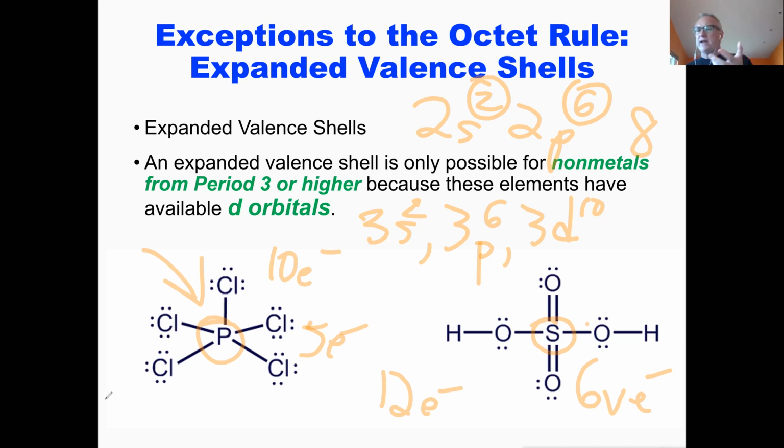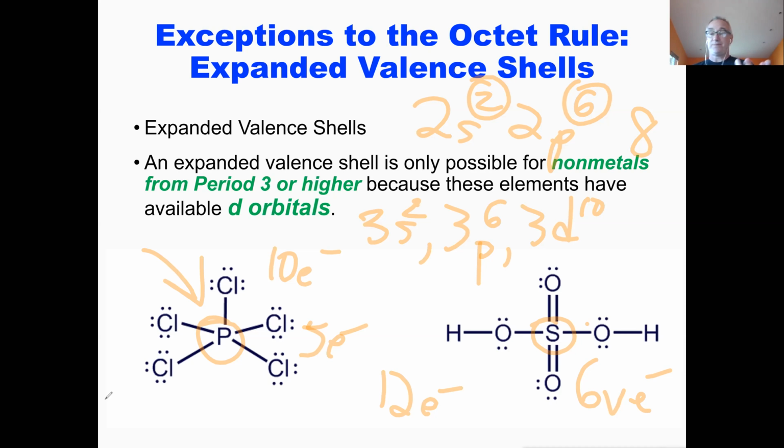And so when you're drawing these structures, when you see a structure that has either phosphorus or sulfur in it, know that there's a very good chance that the octet rule is going to be violated, because that's something that phosphate and sulfate do all the time.